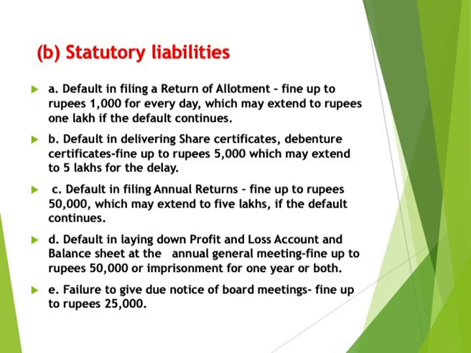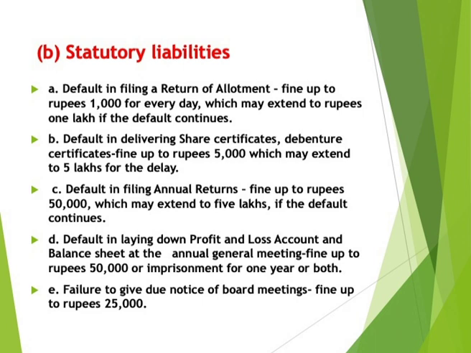Next, default in filing annual returns. If he is not filing the annual returns on time, a fine of up to 50,000 rupees, which may extend to 5 lakhs, and if the default continues, it will extend further. Next, default in laying down the profit and loss account and balance sheet at the annual general meeting.